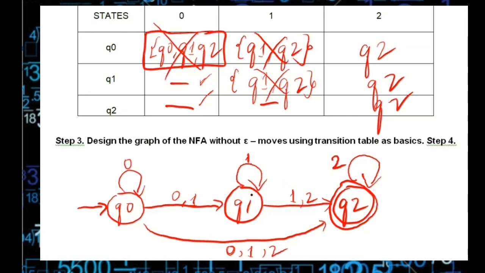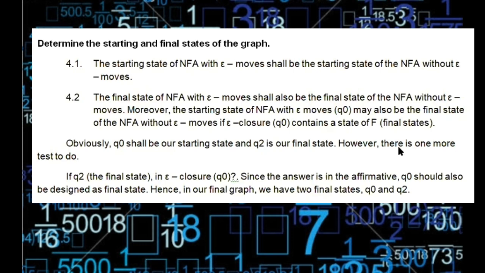So, kung makikita nyo dito, without E-moves, literal. Wala na siyang epsilon na symbol na makikita dito sa ating final answer. Another thing that you need to consider when you finish graphing your NFA without E-moves is the starting state and the final state. You need to emphasize those.